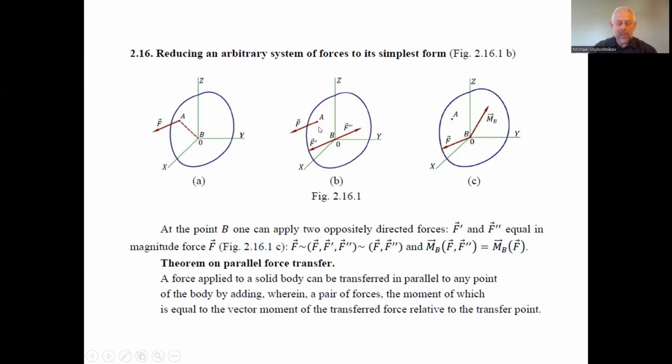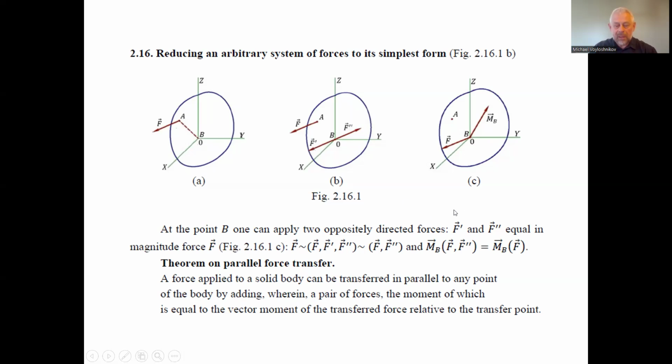We can apply in the point B, AB is a radius vector of the force F. So we can apply in the point B, the same as the 0 point, as a reference point, origin of the coordinate system, two balanced forces equal in magnitude to the assigned force F.